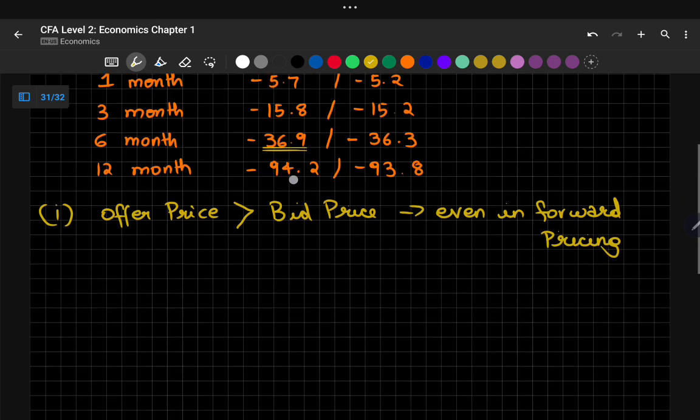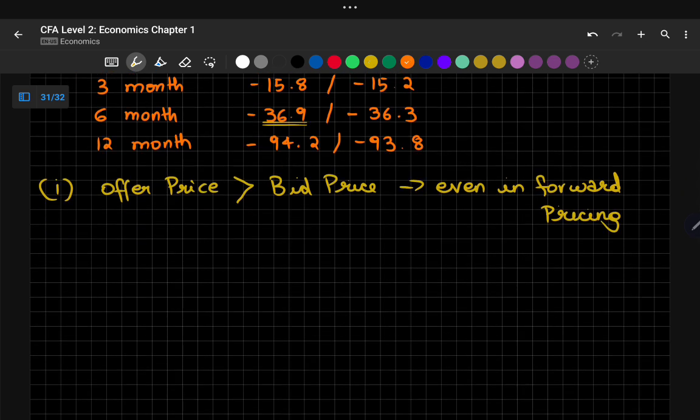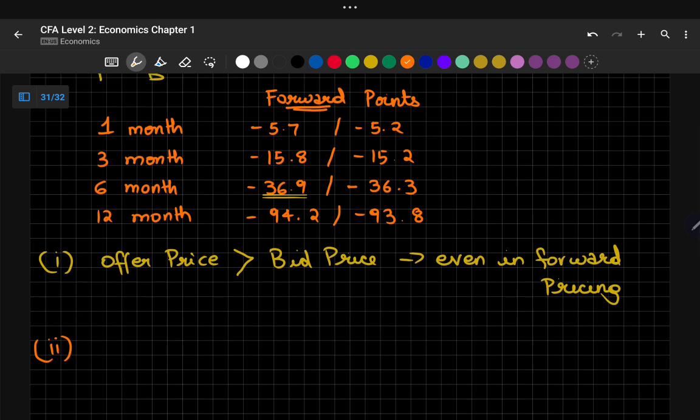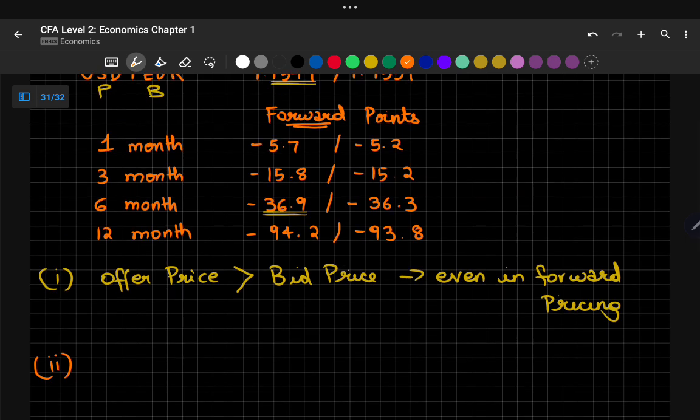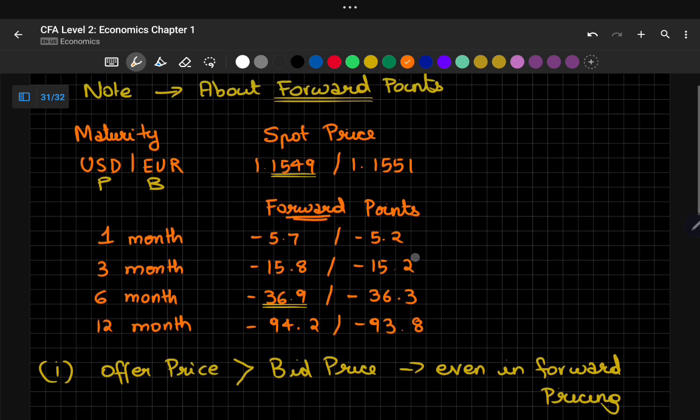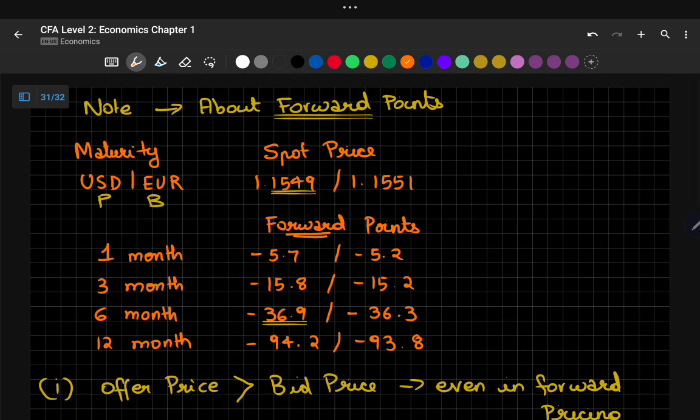Now the second point is forwards are a function of the time to maturity for that contract. So it is a function of duration to maturity. If you look, as the duration increases from 1 month to 3 months, the forward points are also increasing in value.